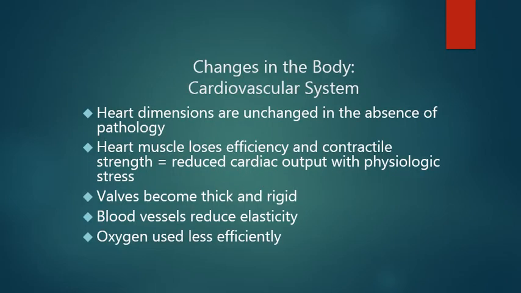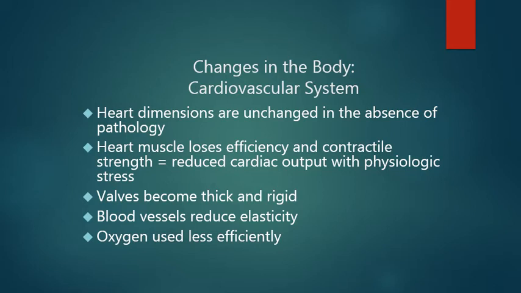Okay, so let's look at the changes in the cardiovascular system. The heart dimensions are actually unchanged in the absence of a pathology. We'll talk more about pathological changes during our second part of Gero. The heart muscle does lose efficiency and contract strength.